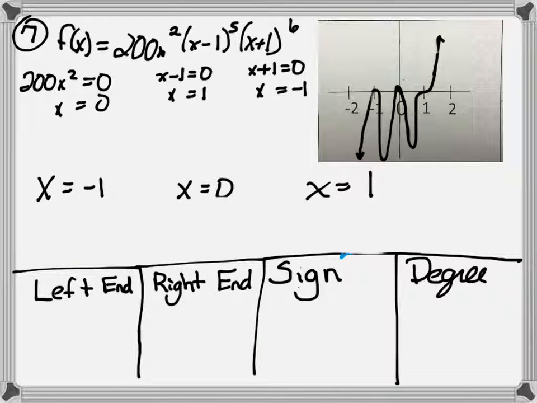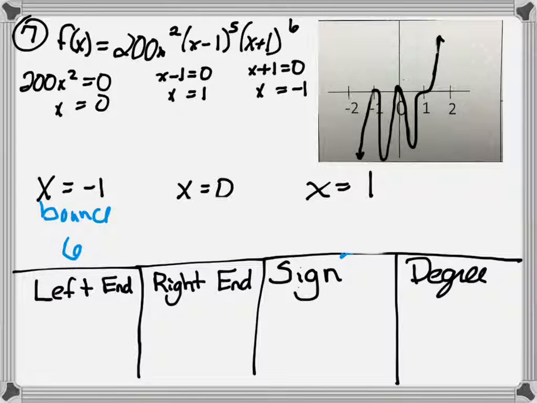And the last one of these was 7. When we had 200x squared equals 0, that gave us x equals 0. X minus 1 equals 0 gives us x equals 1. X plus 1 equals 0 gives us a negative 1. At x equals negative 1, bounce, wiggle, or cross? And the exponent?